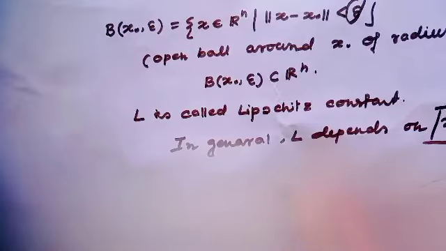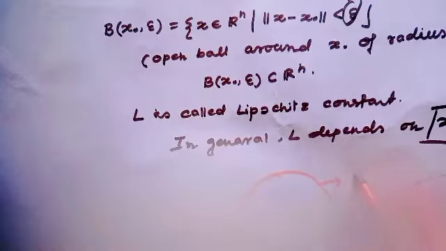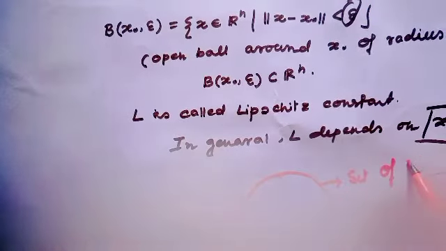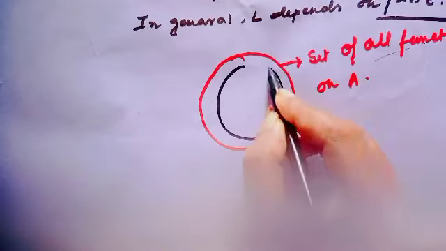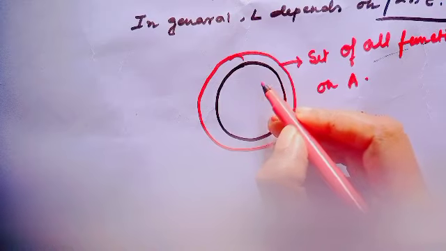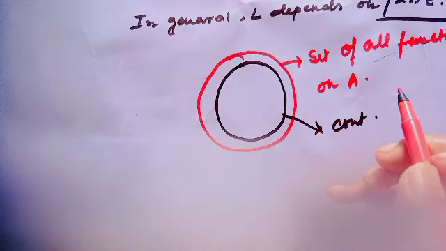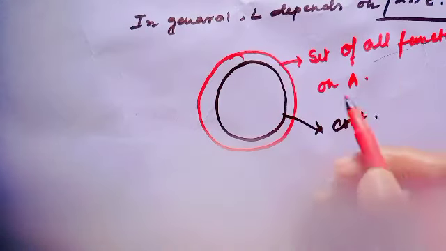Now, consider a graph. This is the set of all functions on A. Now consider this is the set of all continuous functions, and the set of all continuous functions does not always imply uniformly continuous, but uniformly continuous always implies continuous.